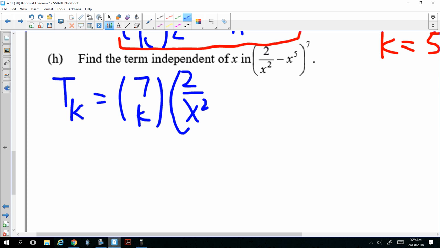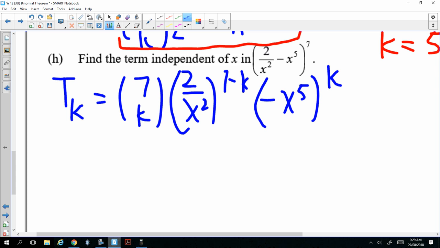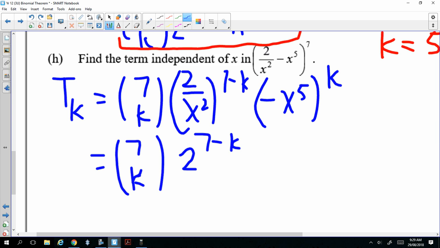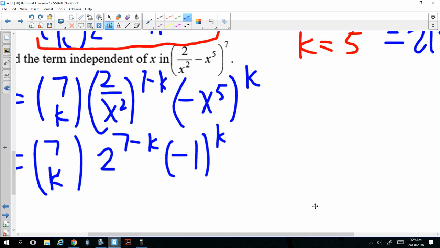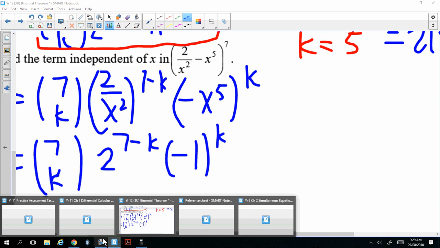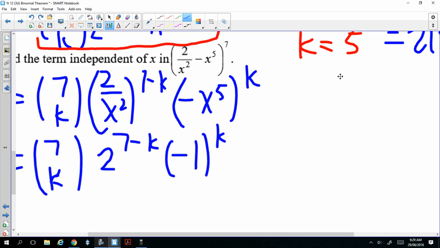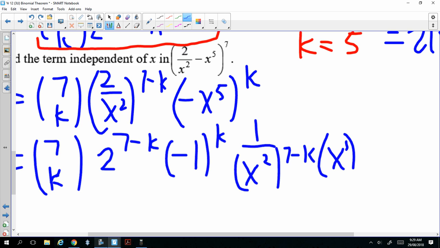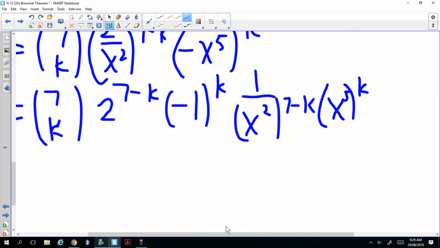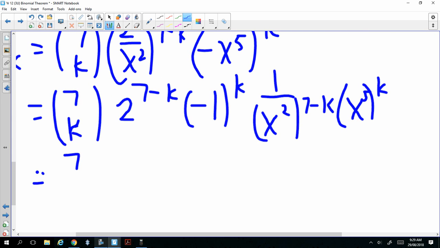You separate the coefficient from the polynomial, 2 to the power 7 minus k, including the negative one, that's a coefficient. Alright, let's continue. You go 1 over x to the power of 2 times 7 minus k, x to the power of 5k. Make sure you do each step slowly, not to skip steps, because you could make a mistake, because there's a lot of things involved. So you do things step by step. And then you go x to the power of 14 minus 2k.